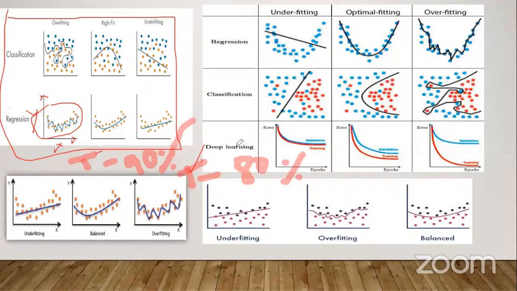So there is a huge 10% difference. That is called underfitting. In training it was able to perform very well, but in test it was not able to perform.